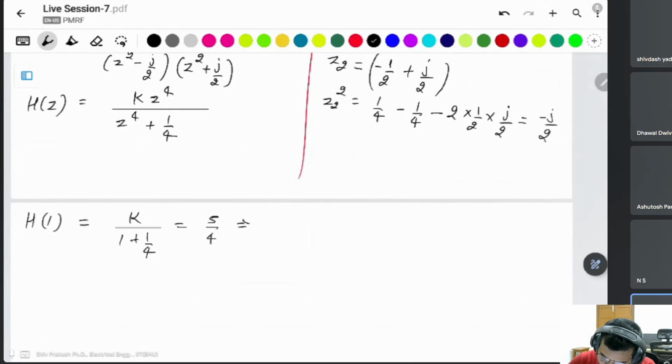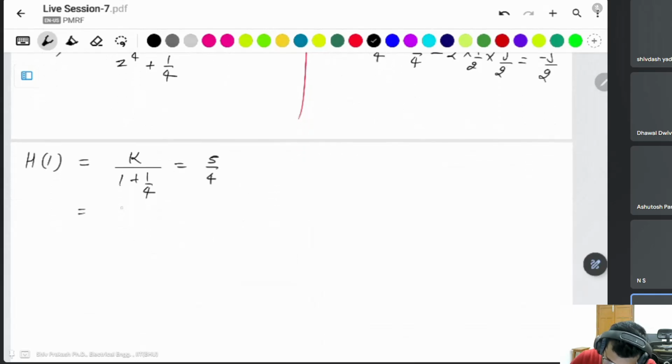Then what is the value of k? 1 plus 1 by 4 is 5 by 4, so k divided by 5 by 4 is equal to 5 by 4. Then what is the value of k? K is equal to 25 divided by 16.